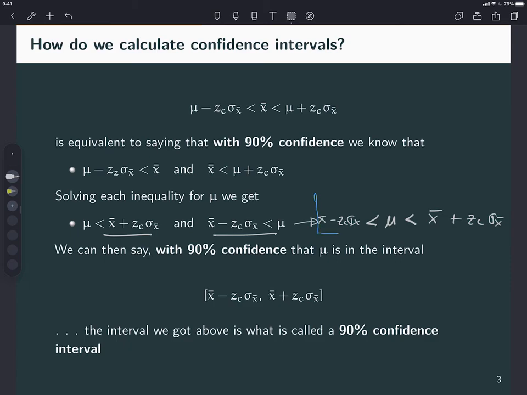So this tells you that you can write it really like that. The mean is between x bar minus the z sigma x and x bar plus the Z sigma x. And all this was with 90% confidence. So now we're saying with 90% confidence, the real mean, or the population mean, lies between these two values. So this is what is called a 90% confidence interval.